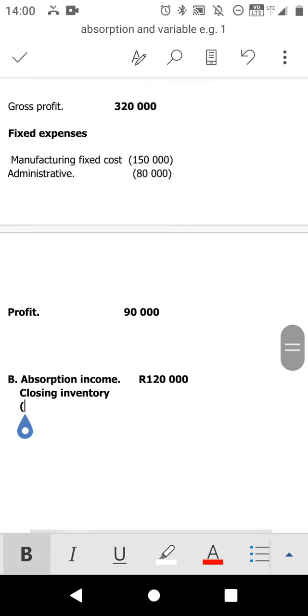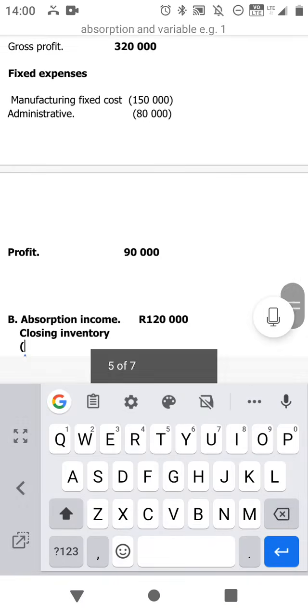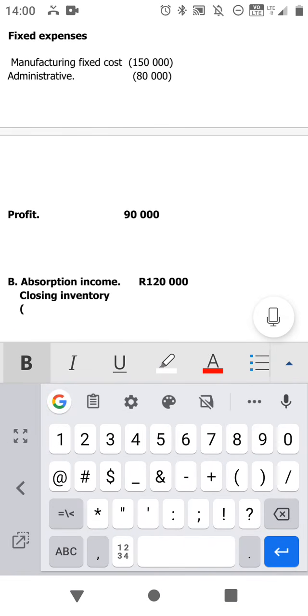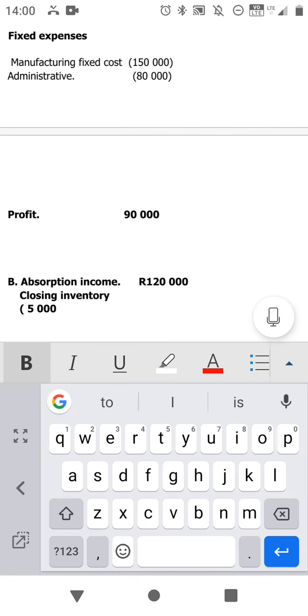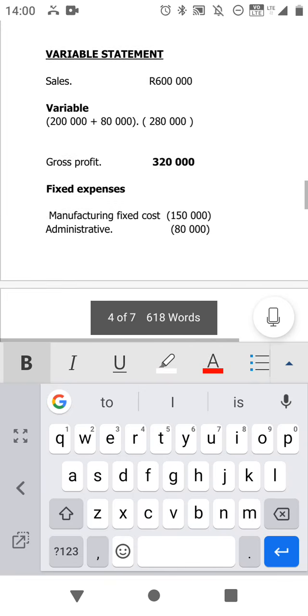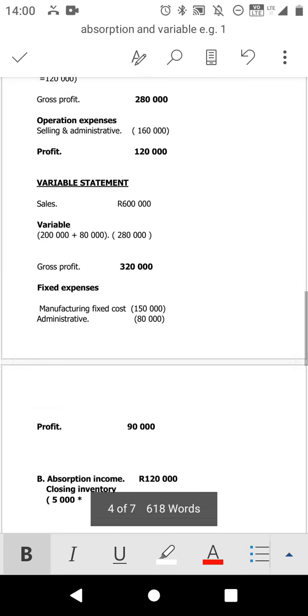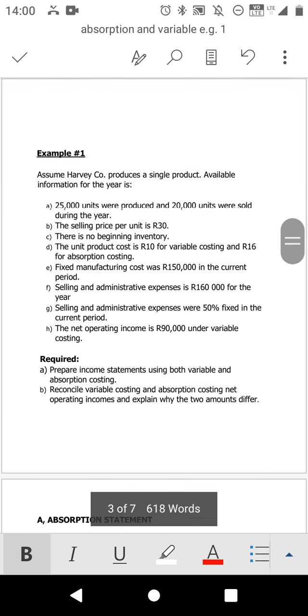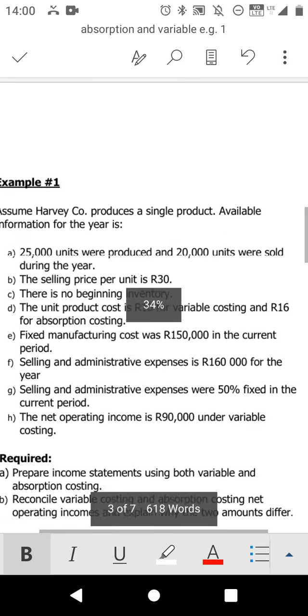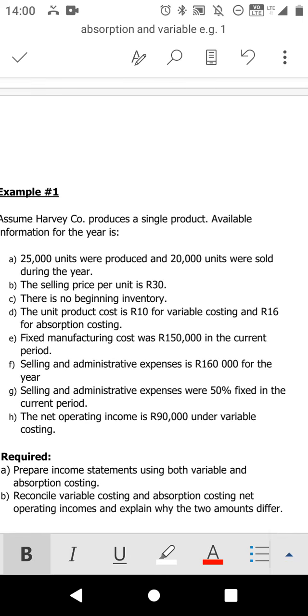5,000 units. Then we multiply by the difference between the costs of these two methods. Let's go to item D. The unit product cost is 10 for variable costing and 16 for absorption.